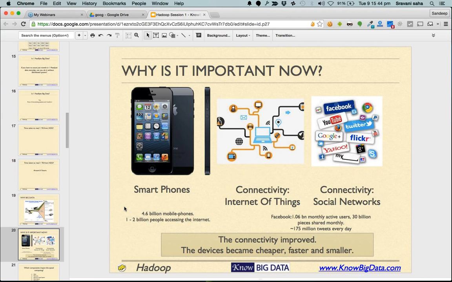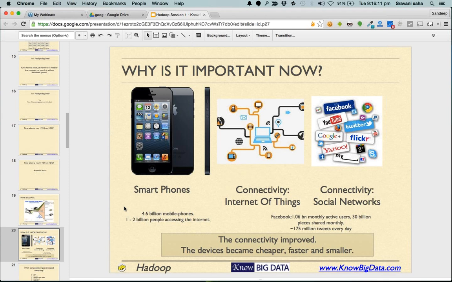Why did data increase exponentially after 2002? There are two big reasons: one, smartphones or smart devices, and second, connectivity.